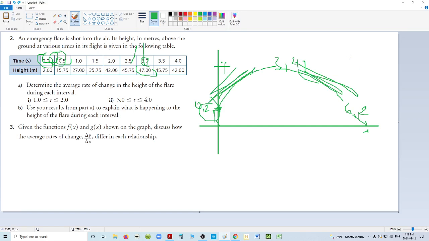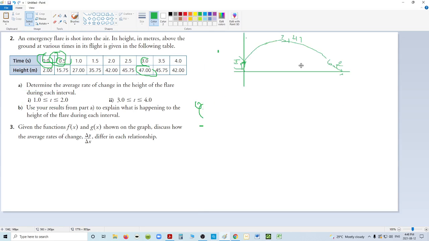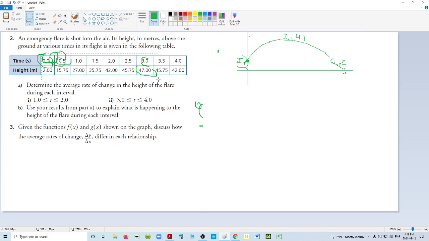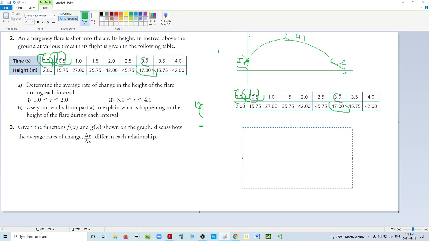And that's what we're going to find out. But we need to take average rate of change between those points. Okay, so let's start with the information we're given here, and they want us to figure out the average rate.